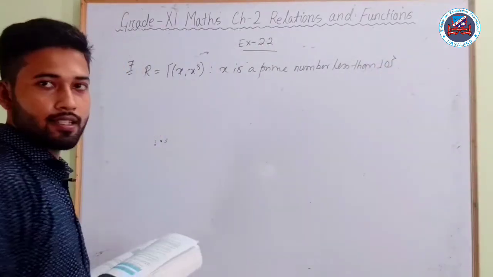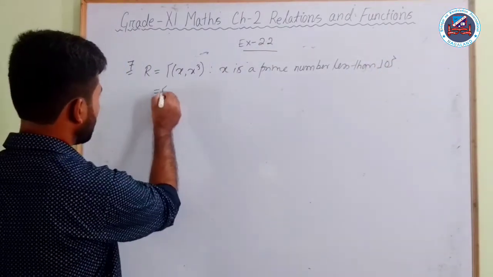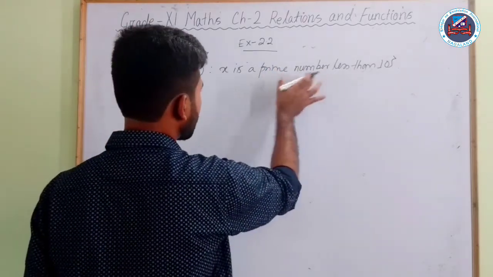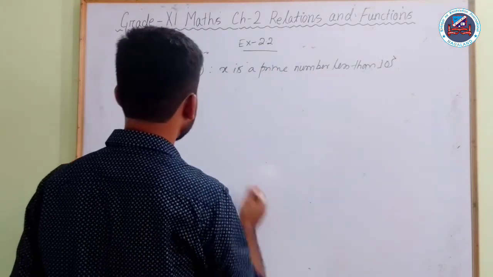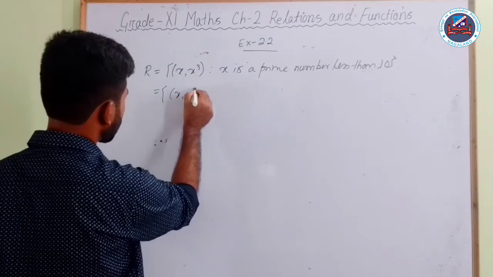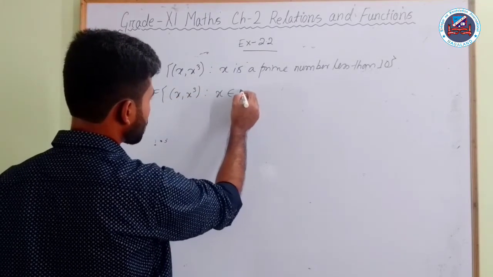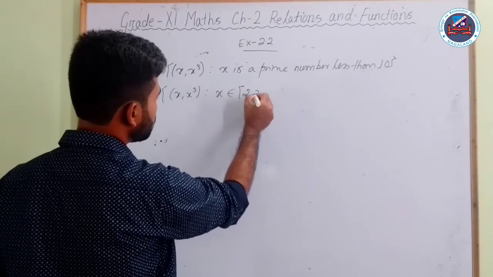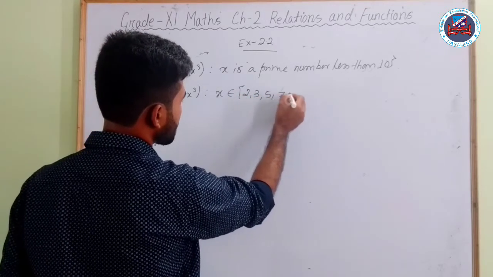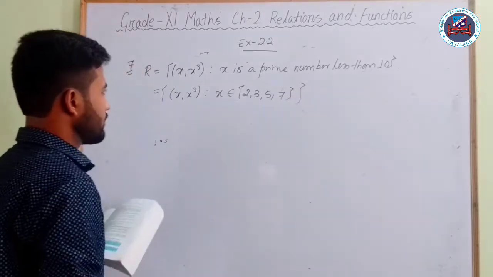So we need to write this in the roster form. How to write this? For this we need to understand what the prime numbers less than 10 are. So x belongs to the set {2, 3, 5, 7}, isn't it?